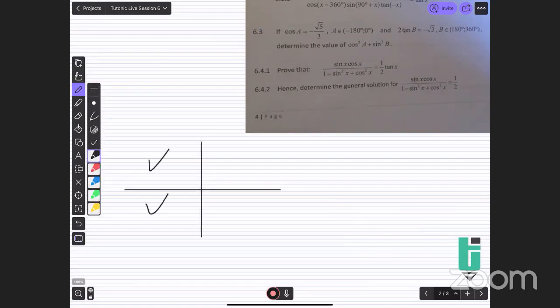Okay, and based on the other statement, which quadrants does it mean? The fourth and the third, because it's between minus 90 and minus 180, so it's negative. Therefore, which quadrant satisfies both? Third. So you guys see now how you can work out which quadrant.